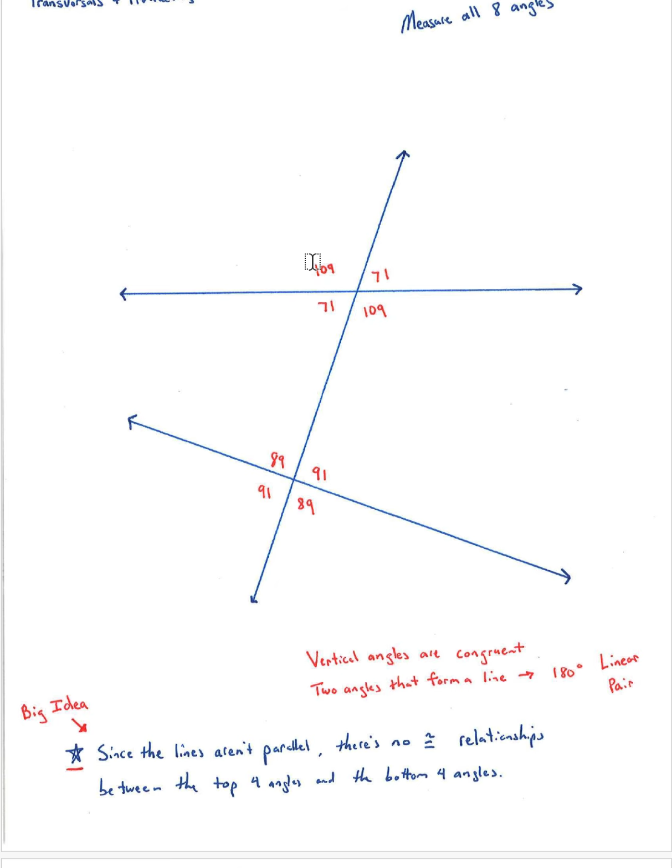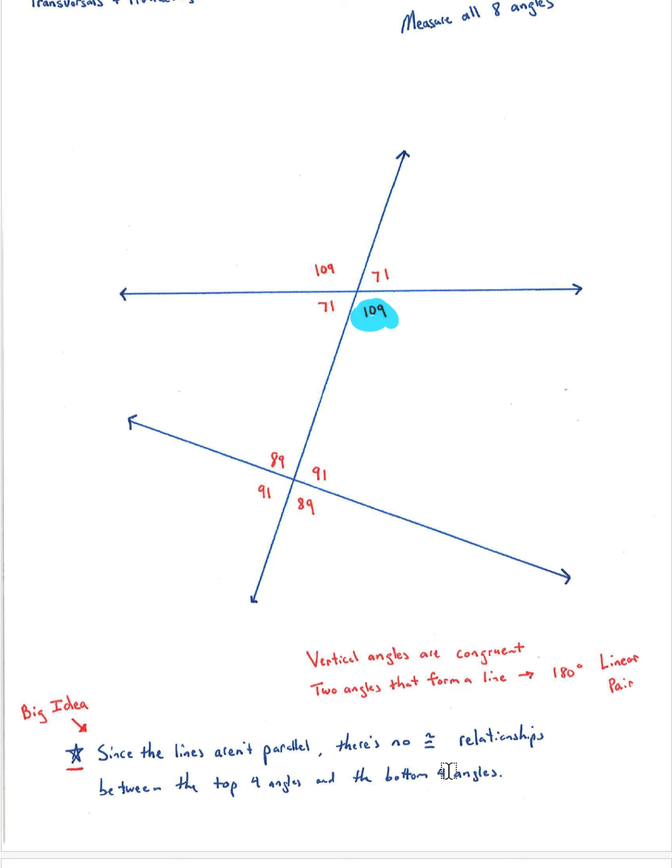We also know that 2 angles like these top 2 form a line, and we call them a linear pair, and they have to be supplements, meaning if you add them together, you get 180. Now, if you look at corresponding angles, like this one compared to this one, are they the same? No, they're not the same. These lines aren't parallel, so they don't intersect the transversal in the same way, so they're not going to have the same angles relative to it.